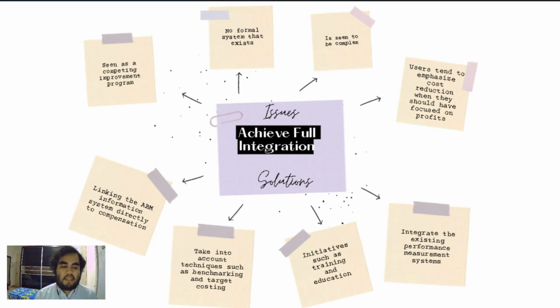Additionally, initiatives such as training would develop experts in the ABM system. Moreover, the ABM system should take into account techniques such as benchmarking and target costing. Lastly, a company, specifically the managers, needs to keep in mind that the implementation of ABM is not merely an accounting project, but a process to assist in decision making that will improve the performance of the company.